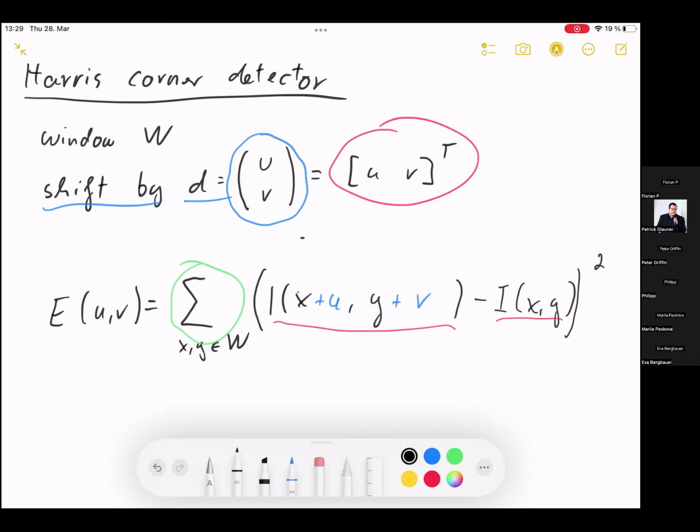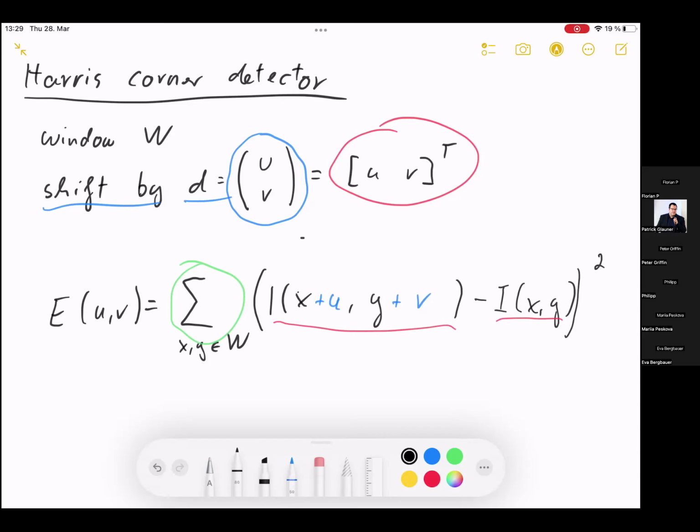So the intensity will be maybe the same if I move the window a little bit, or the intensity is more or less. And what I often do is such a square difference. So the square difference is then 0 or positive. I have a positive difference or a negative difference, I square it, and I will always have a positive difference, or 0 if there's no difference.